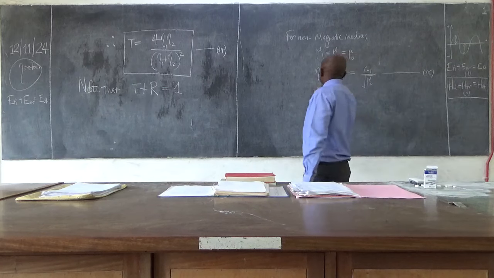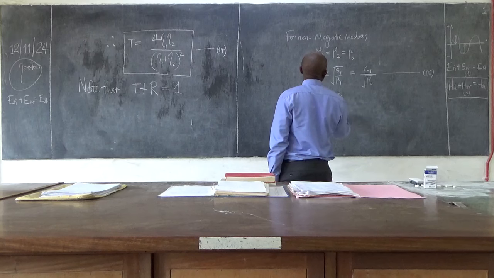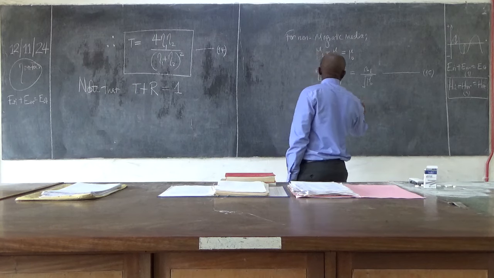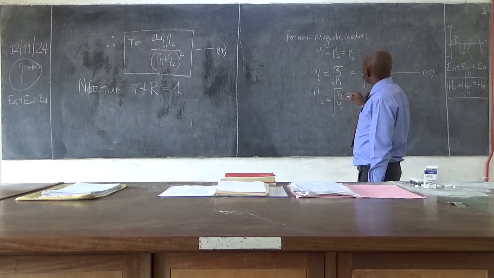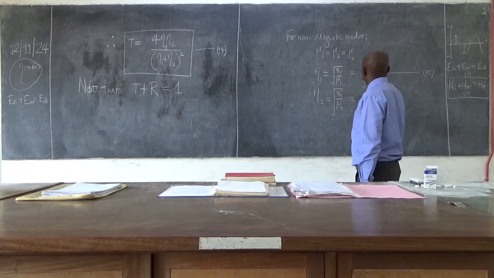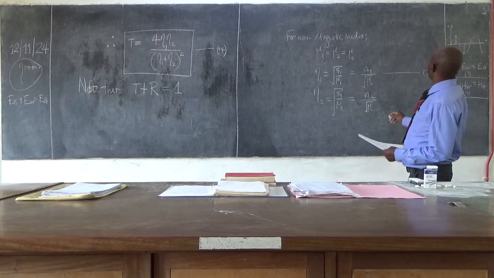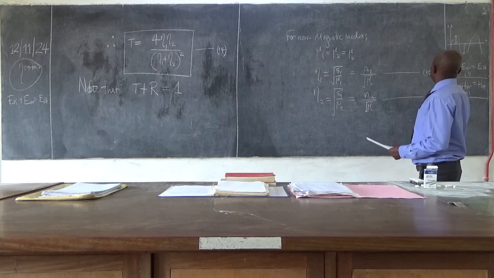And then eta 2, which is equal to the square root of epsilon 2 over mu 2, will be the same as the square root of epsilon 2, which is n. This is n, not eta. n2 over root mu naught. We label that as equation 16.